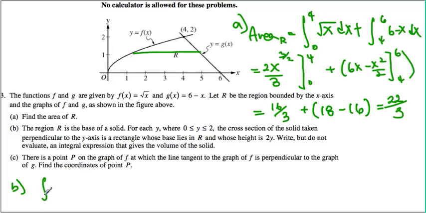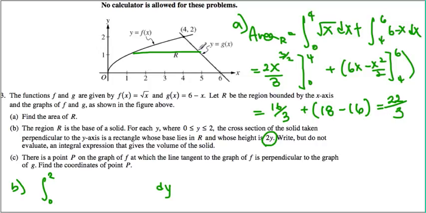Since we are looking at y, and then y goes from 0 to 2, we realize that the expression has to have dy, and whose height is equal to 2y. In order for us to find the area of the rectangle, if this is the base and the height is 2y, that's given to us.